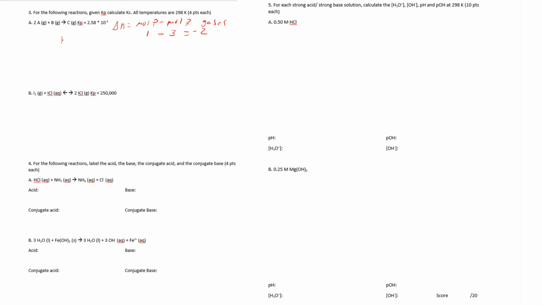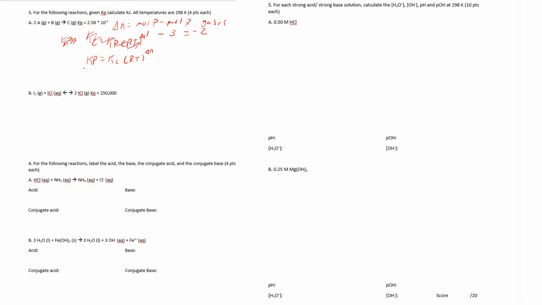So Kp equals, let me just double check that. So it's actually, I did that wrong. Kc equals Kp RT raised to the delta N. Is that right? No, sorry. I don't have my equation sheet in front of me. I'm second guessing myself. Kp equals Kc RT delta N.